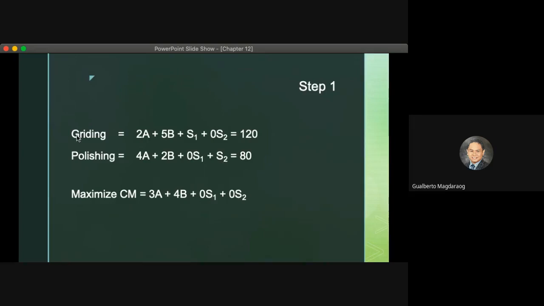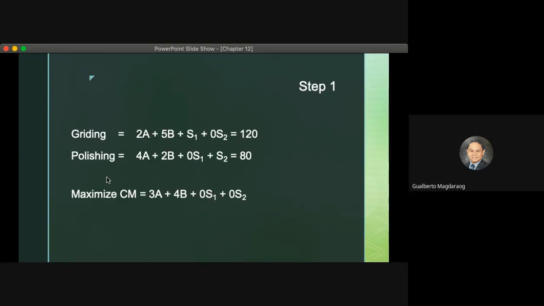So for the grinding department or process, this is now the new term: 2A plus 5B plus the slack variable, because we wanted to find out how many, and this will be replaced later. For the meantime, we will assign one variable, assuming we have not produced A and B. And then the polishing variable is 0. The amount of the polishing variable in grinding is 0.